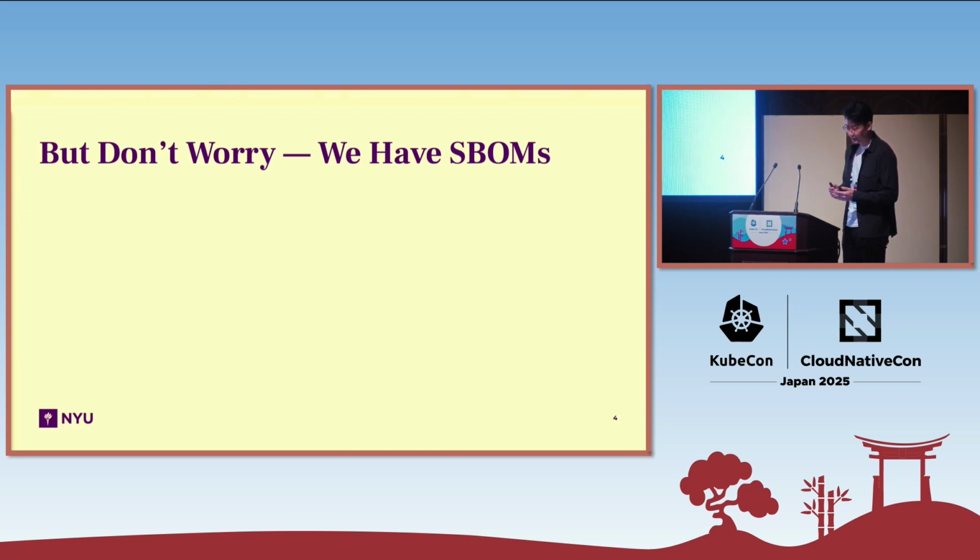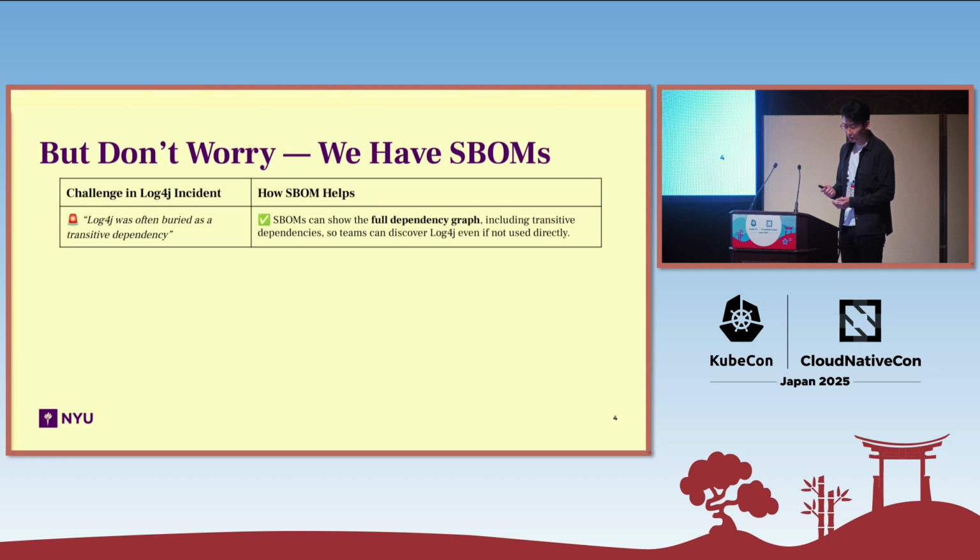So how could this have played out differently with a reliable SBOM? Let's walk through some of the biggest challenges organizations faced during the Log4j incident and how a good SBOM would have helped. First, Log4j was often buried as a transitive dependency. Teams didn't directly include it, but it was pulled in by someone else, like a framework or a logging utility.